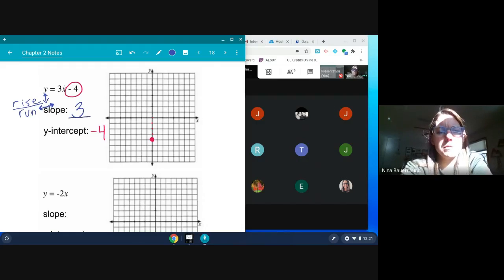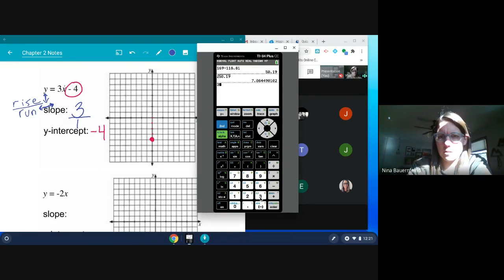What is 3 divided by 1? 3 divided by 1 is 3.